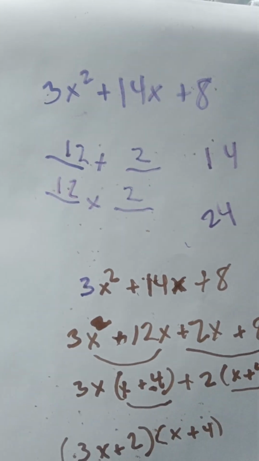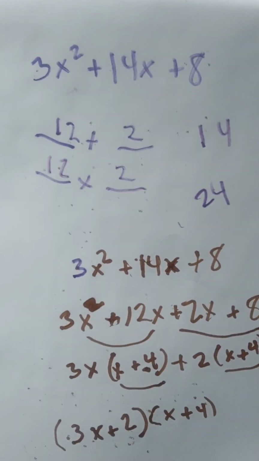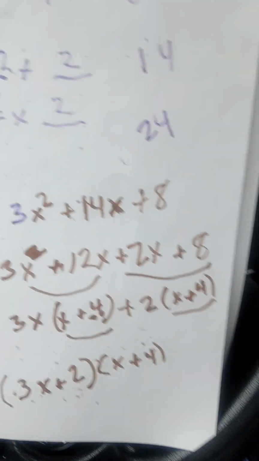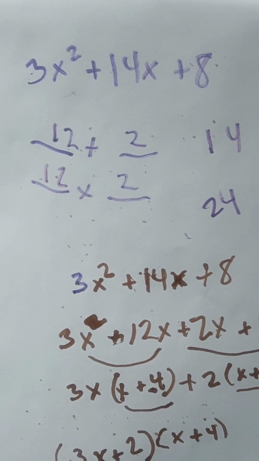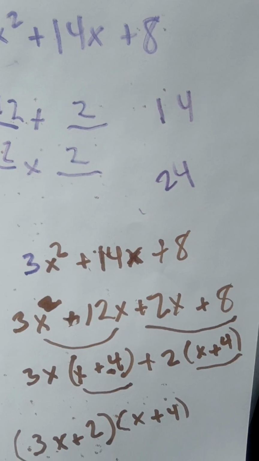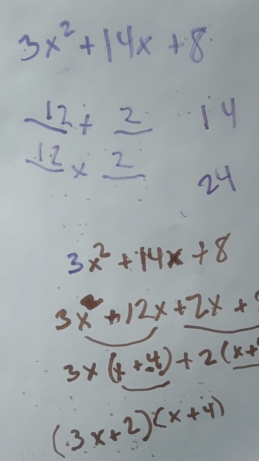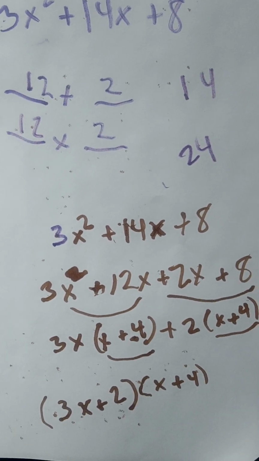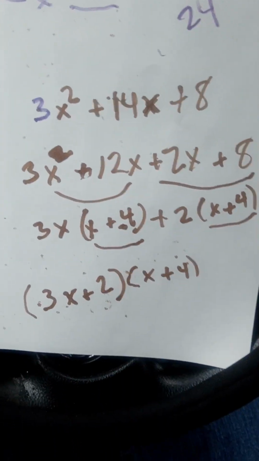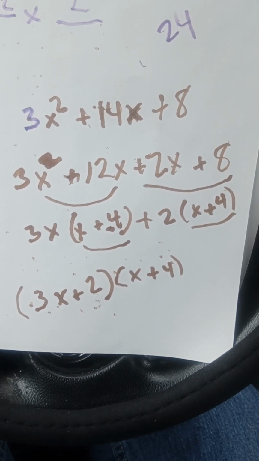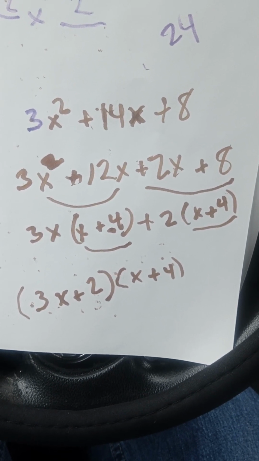So again, 3x squared plus 14x plus 8, 3 times 8 is 24. And then the 14x, you drop down the 14 and you see that two numbers, 12 plus 2 equals 14, but 12 times 2 is 24. So 12 and 2 are the special numbers that you would split 14x into in the 3x squared plus 14x plus 8.